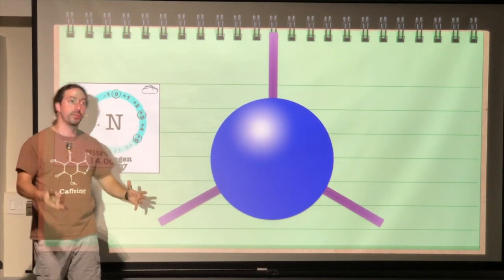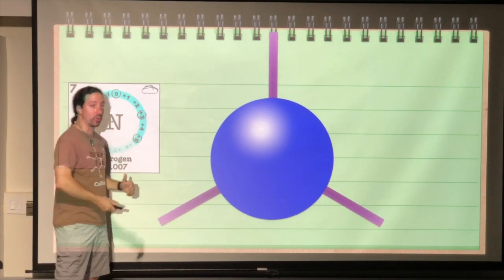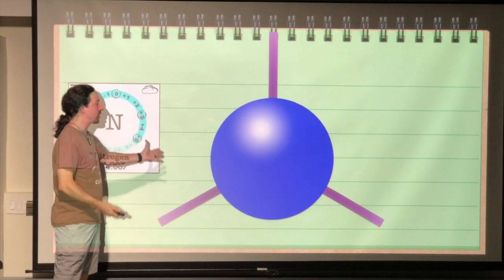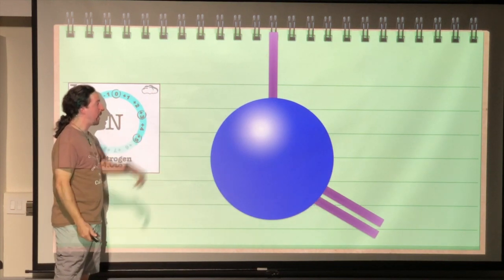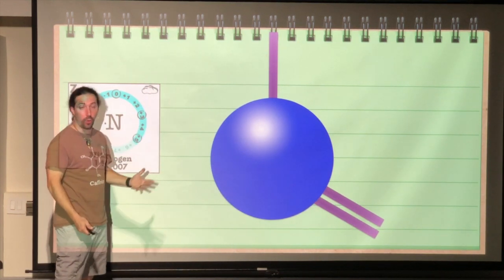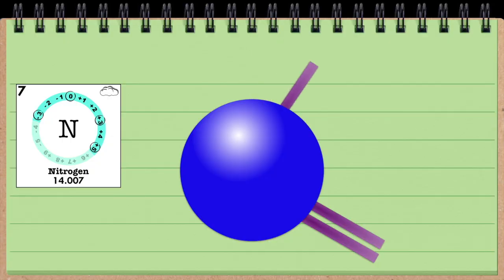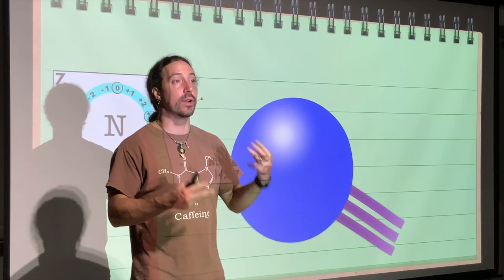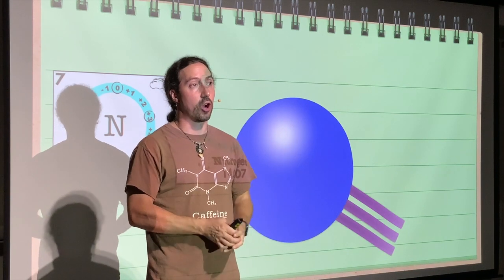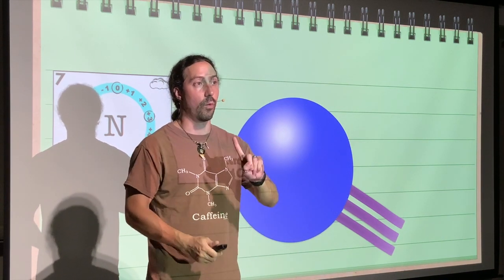But it doesn't have to, again, form 3 single bonds. It could form also 1 double bond and 1 single bond, or it could form 1 triple bond. Again, nitrogen forming 3 bonds always. So nitrogen is going to want to form 3 bonds. Carbon, 4. Hydrogen, 1.